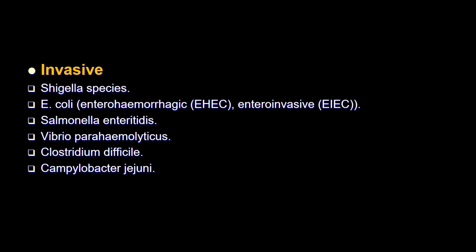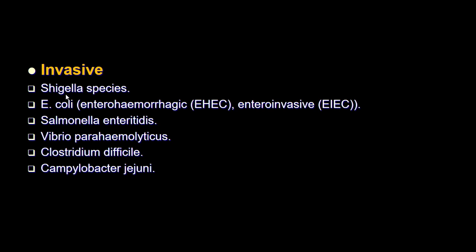And when you do a stool analysis, you will see red blood cells in the stool, as well as fecal leukocytes. This is extremely important to know when we do a stool analysis. You have to remember that. You have to look for red blood cells, white blood cells. If those are present, this is invasive. If not, this is a non-invasive type of diarrhea.